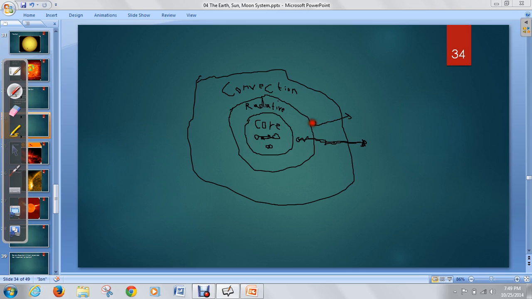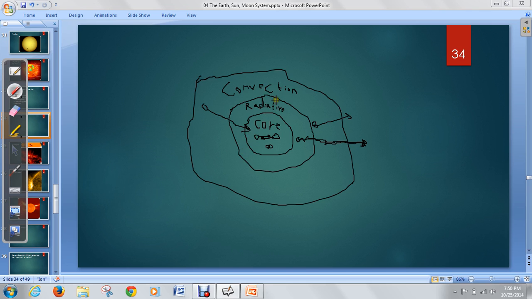It's no longer needed because it's done its job, it's released its energy in the radiative zone, and so its job is to pull out the old material and also to bring new hydrogen into the core. If you've ever heard of convection, that's what it is, the circulation of material. It moves the old material out and brings new material in. Again, this is a simplification, but for this class, this is how we're going to view it.